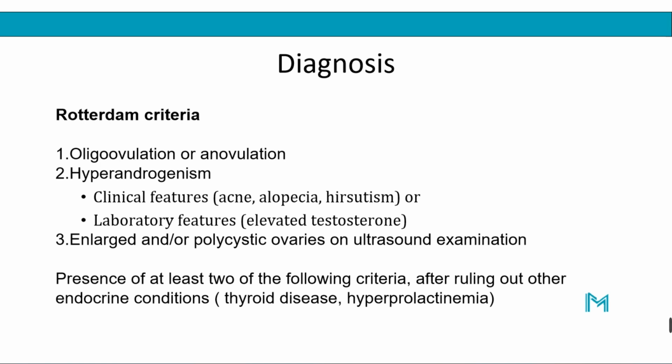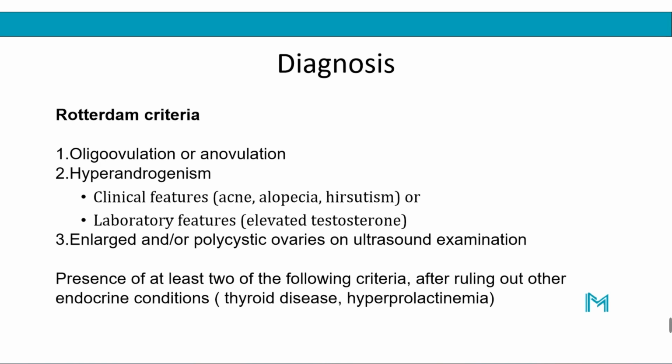One of that is oligo-ovulation or anovulation, and this will typically present in your history as issues with fertility, so infertility or difficulty conceiving. You have hyperandrogenism as you've seen in these patients, and this hyperandrogenism could either be clinically evident, so with features of acne, alopecia, or hirsutism, or the other features of hyperandrogenism, or laboratory features, where you probably see an elevated level of androgens, or in this case, for instance, testosterone.